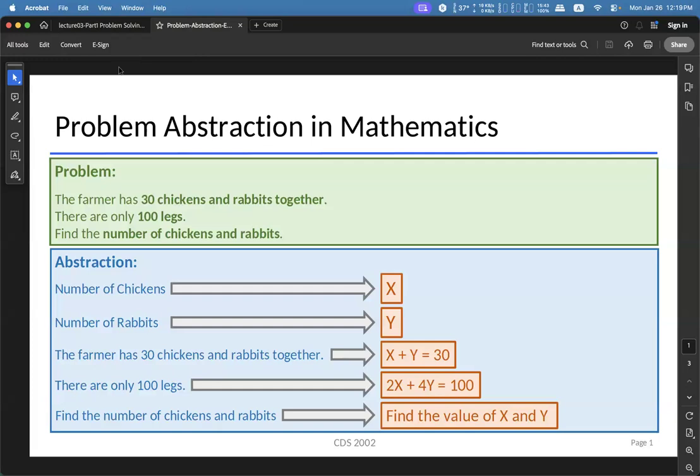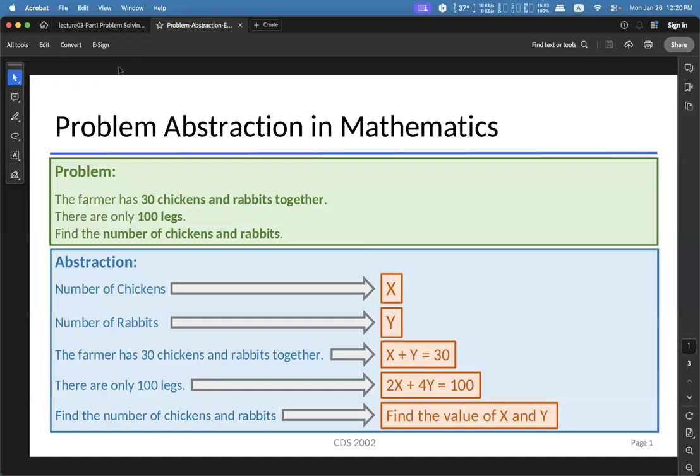Also, there are only 100 legs. We write this as 2x plus 4y equals 100, because a rabbit has 4 legs and a chicken has 2 legs. So we can write the relationship between the legs of the chickens and the legs of the rabbits in this equation.